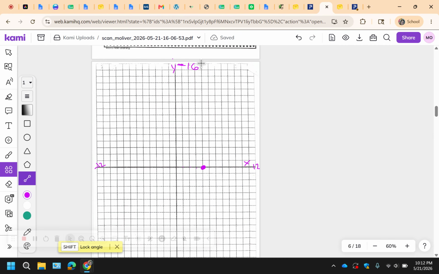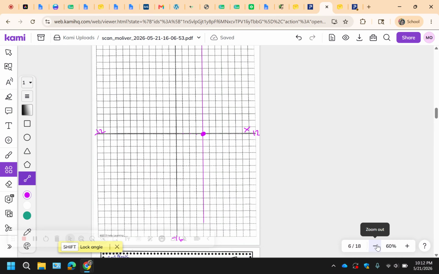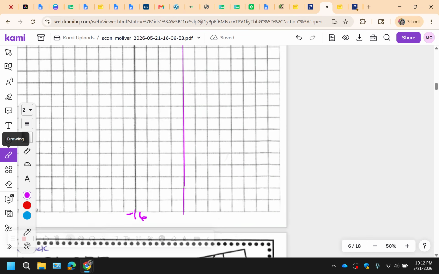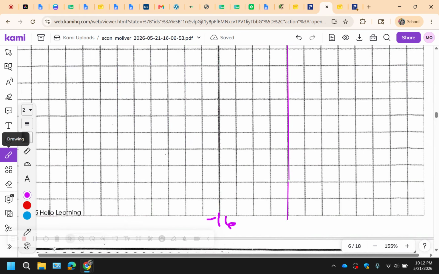So we can go from here, and this is where you're going to use rulers as well. And I'll go all the way to the bottom. And then label that as x equals 4. And then I move on to the next one. And so you should have 3 vertical lines after you're done with the first column.